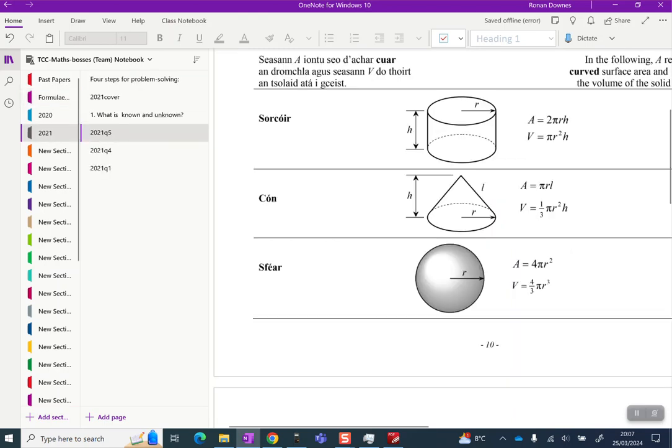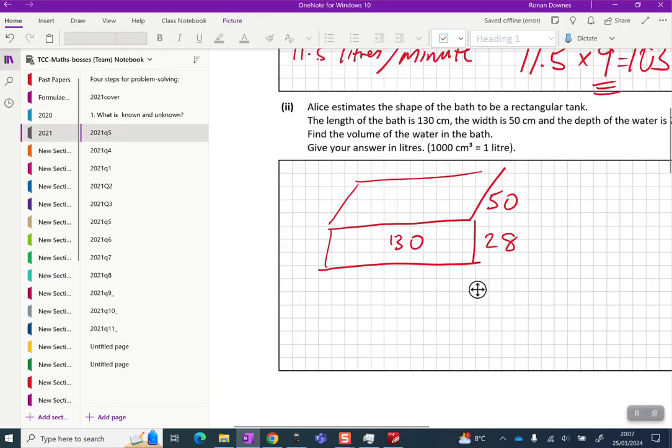Back to the question, we're going to multiply those three numbers together and see what we get, and we will have the answer in centimeters cubed, and we'll divide by 1,000 to get the liter answer.